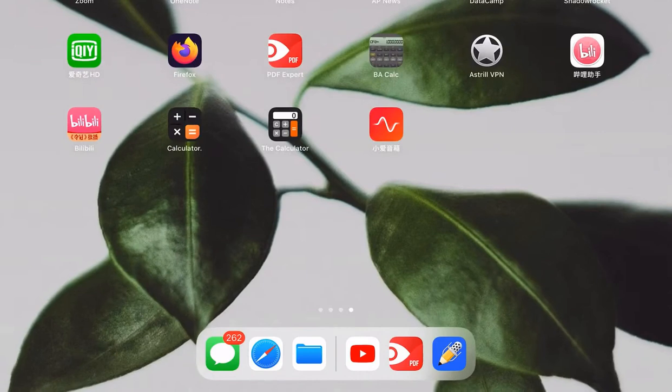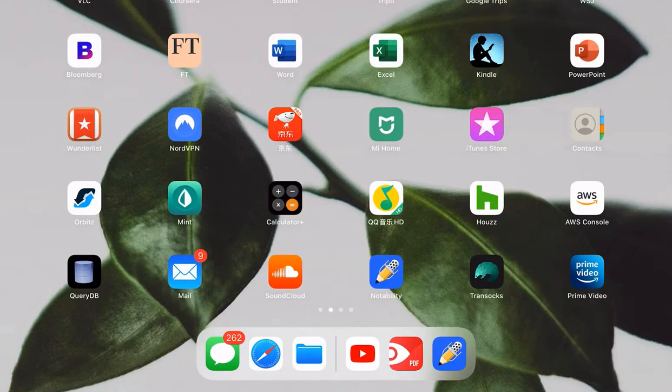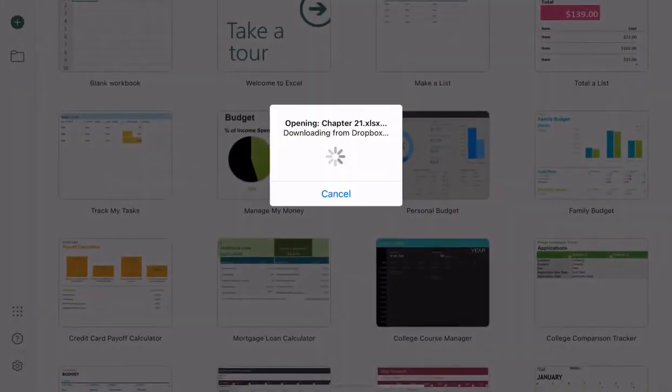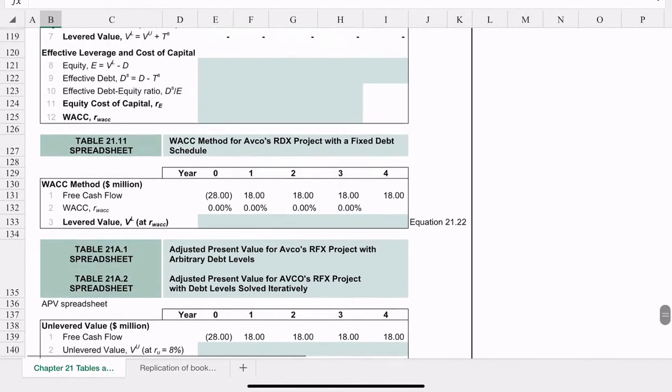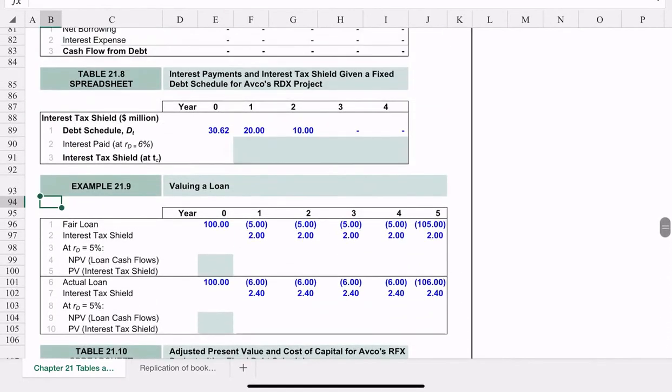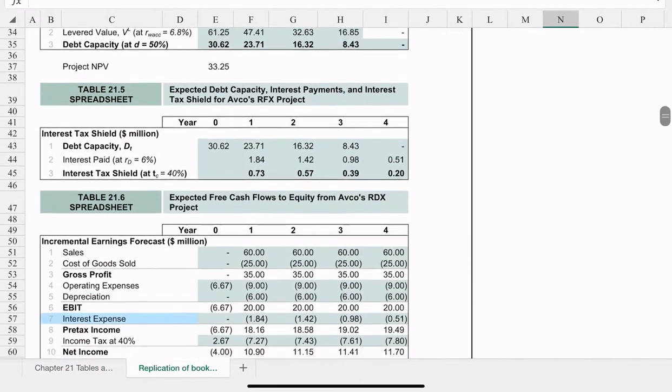So let me open the Excel. Oops, where's my Excel? And let's see how we can find out the firm's net borrowing.